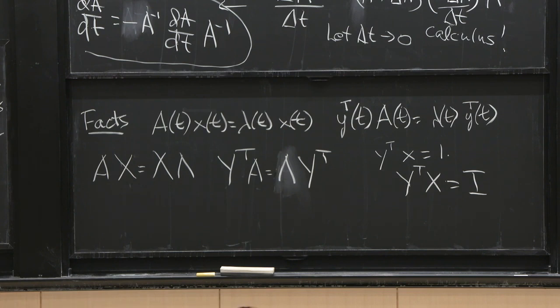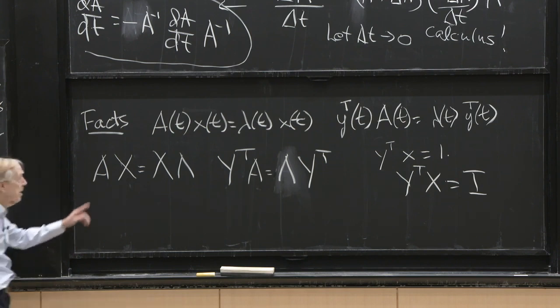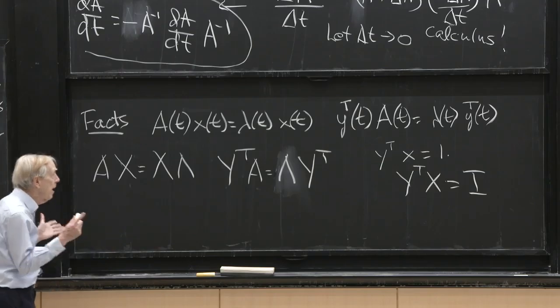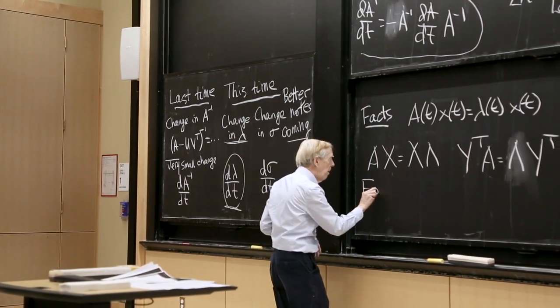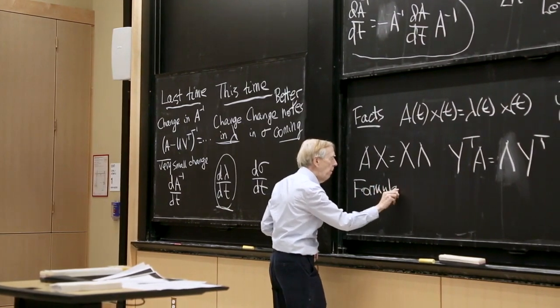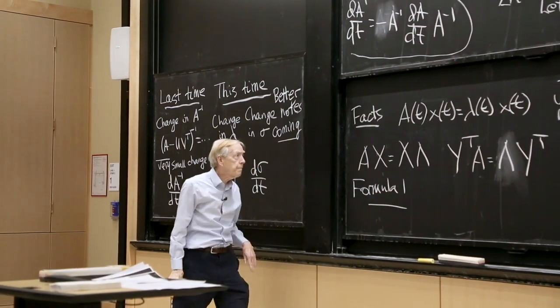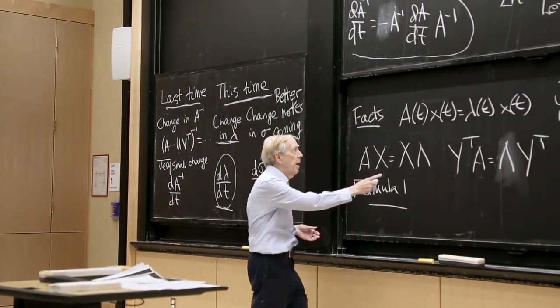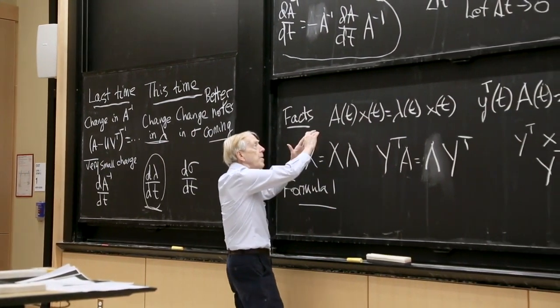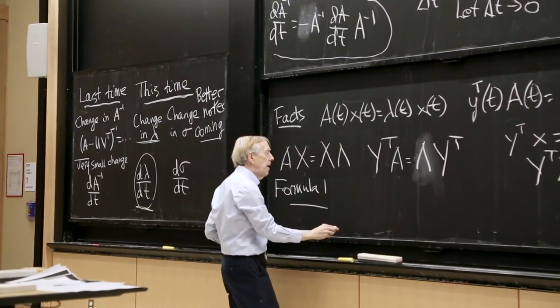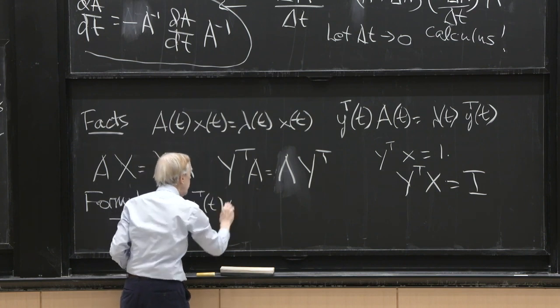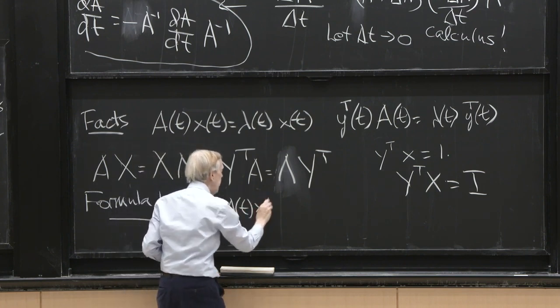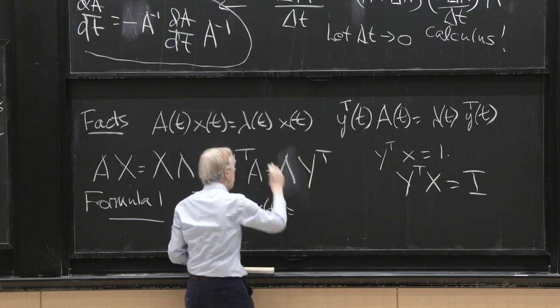And now I plan to take the derivative with respect to t. Oh, okay, I can derive one more fact. This is formula 1. Formula 1 just says, what do I get if I hit this on the left by Y transpose? Y transpose of t, A of t, X of t equals lambda of t.